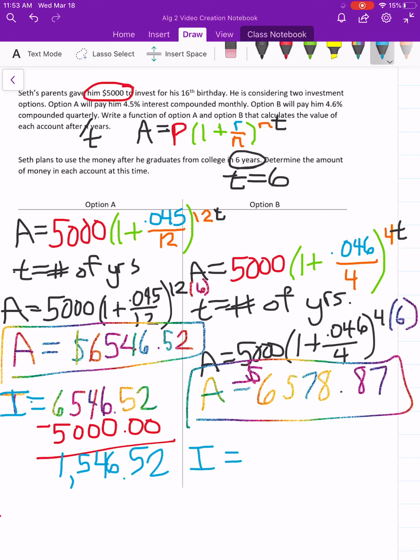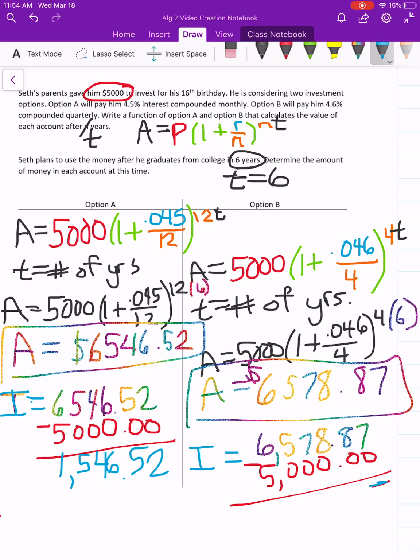It would be equal to $6,578.87 minus the initial investment of $5,000.